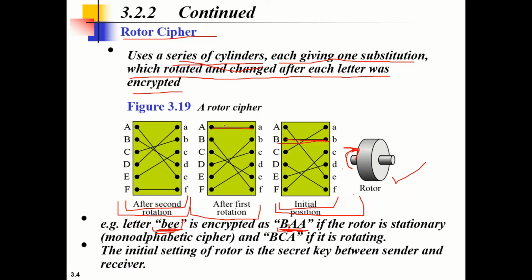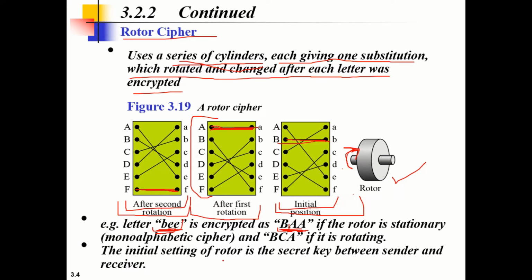For the next rotation, this connection should move upward, but there is no connection upward, so it will wrap around and go to this entry, this F. So this is one rotation, when we shift the connections between different plain text alphabets and cipher text alphabets.